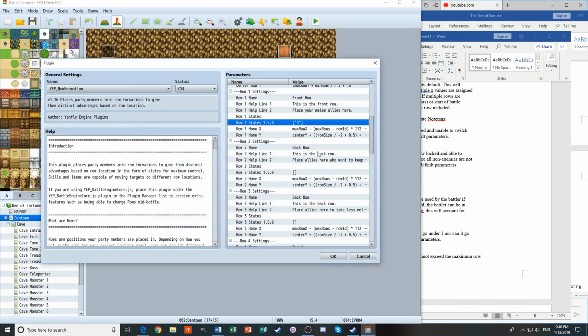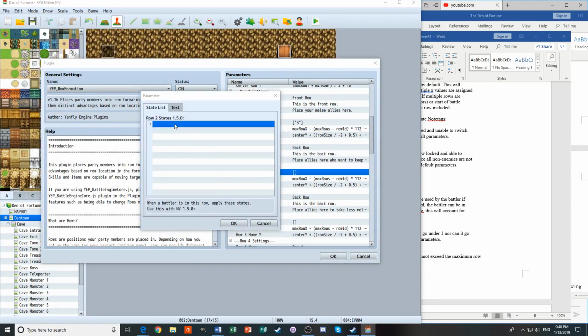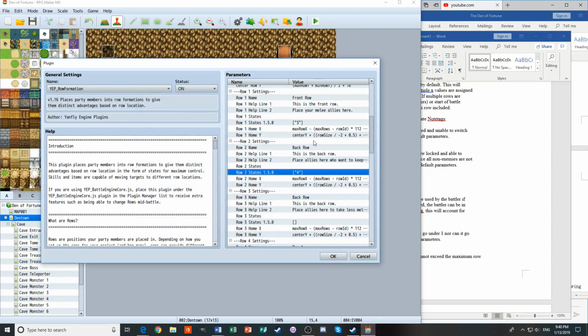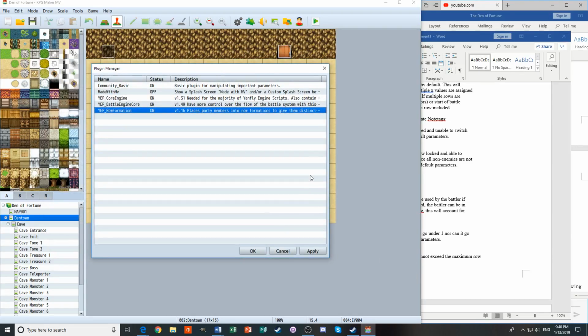This is just a more convenient way of doing it. We can change those states if we want to, but that's just marked so that it'll tell us what it is that the enemy actually has here. Or ally. Words. I'm just saying words.